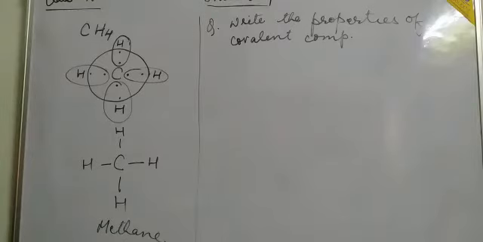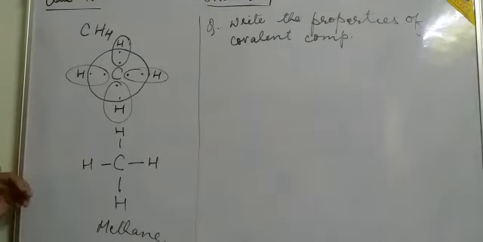So covalent compound dissolves in covalent solvent only. Then it has very low electrostatic force of attraction, so its melting point and boiling point are lower than those of ionic compounds.